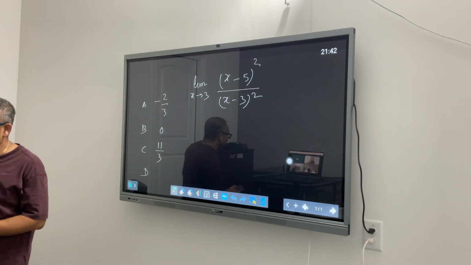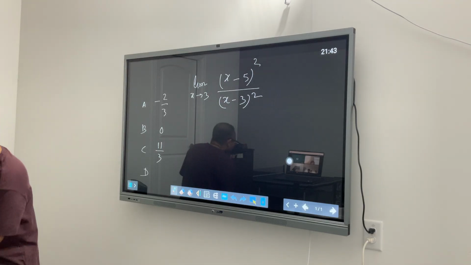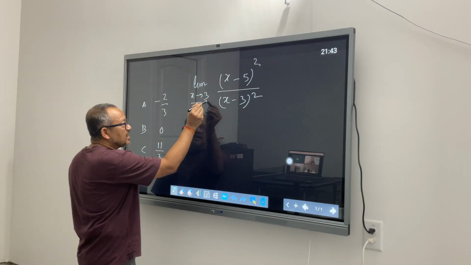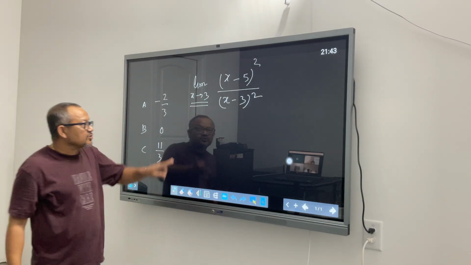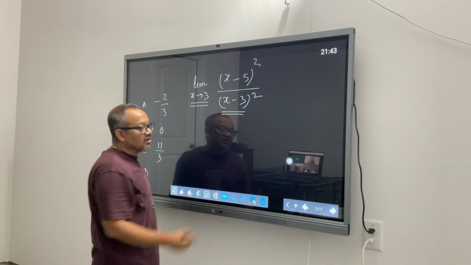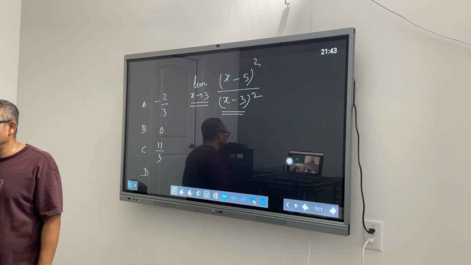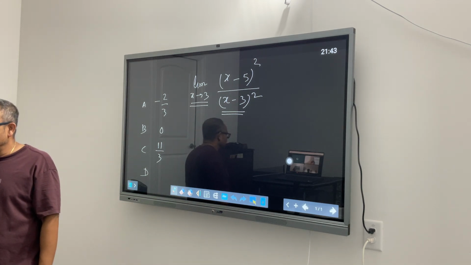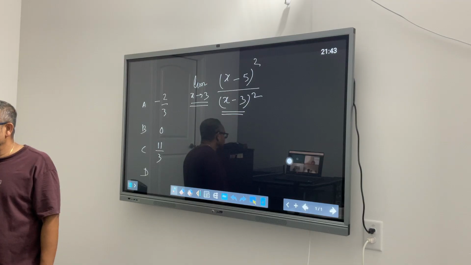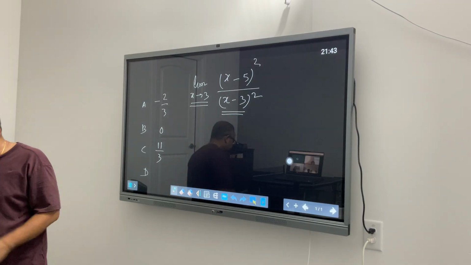I would not give you guys more than 20 seconds for this problem. It does not exist, because you're trying to determine the limit for x approaching 3. As soon as you put 3, you have a 0 in the denominator. Straight away give up. Vedansi, do you agree? Ananya? Yes. Okay, let's move on.